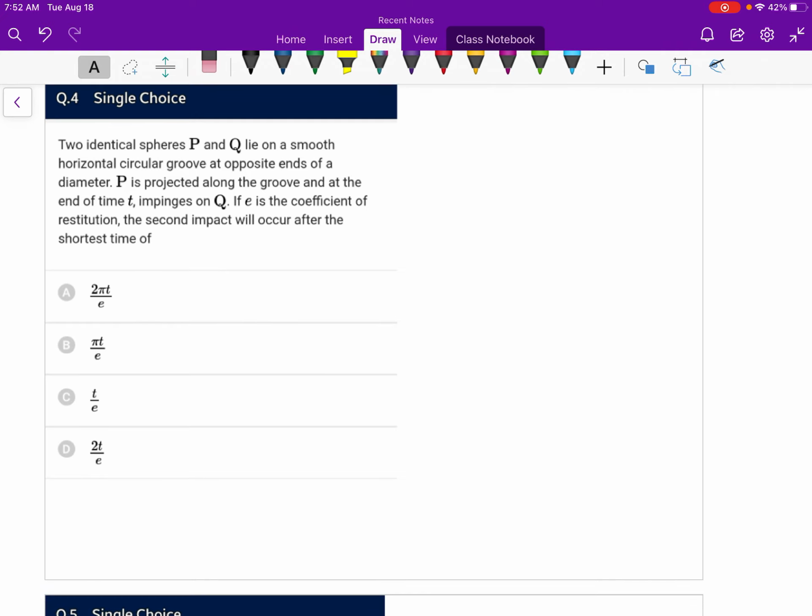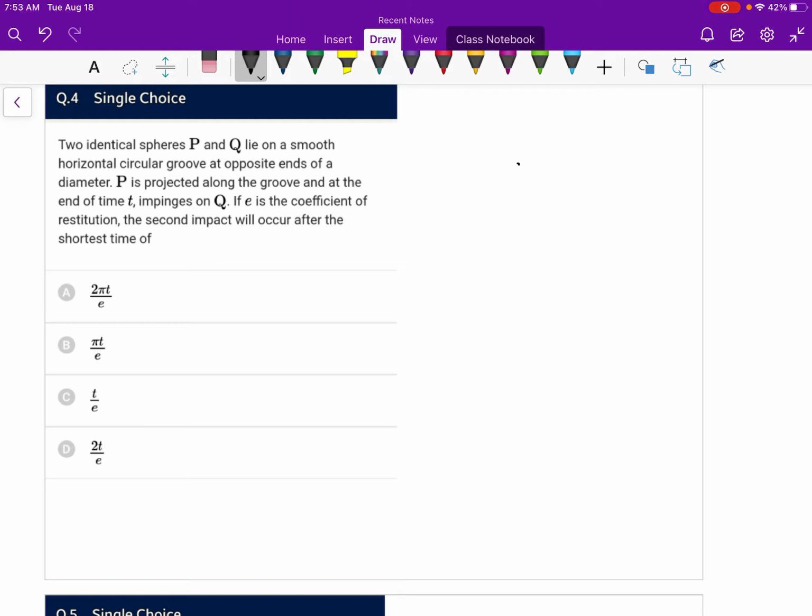Two identical spheres lie on a smooth horizontal circular groove at opposite ends of a diameter. P is projected along the groove and at the end of time T impinges on Q. So at t equals 0, P is launched, and at time T it hits Q. If e is the coefficient of restitution, when will the second impact occur?